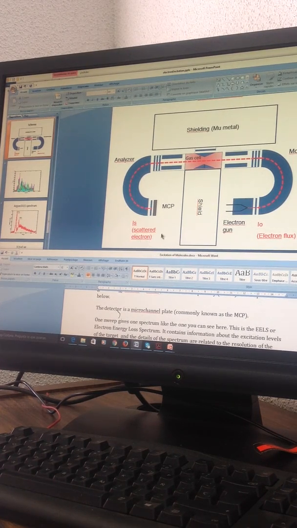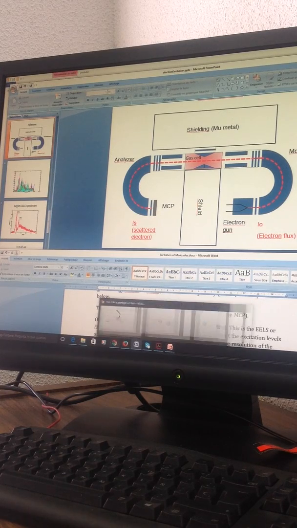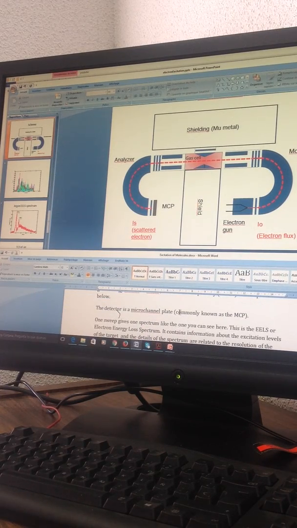So the detector here, as I said, is a microchannel plate in my case. I already gave you an example of what it looks like. This is the measurement of one electron energy loss spectrum.